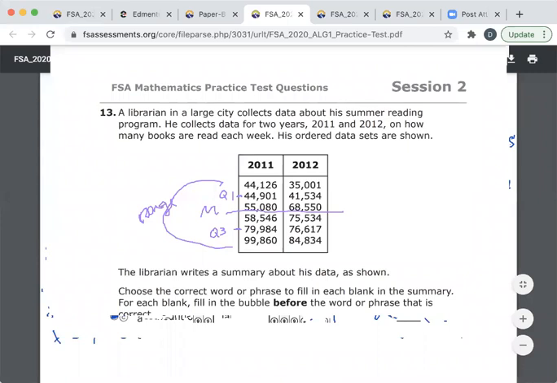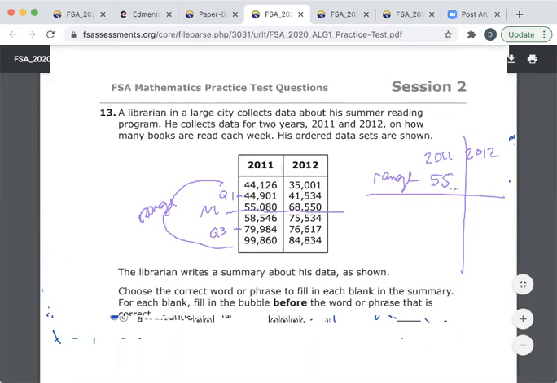Okay. So just to give a quick look, the range, if I were to say like 99 minus 44, that would be 55. Okay. So I'm going to make myself a little chart and put range. So this is just an estimate, 55.